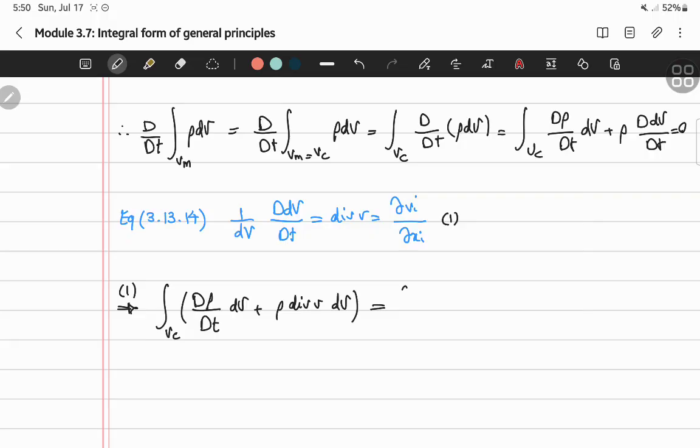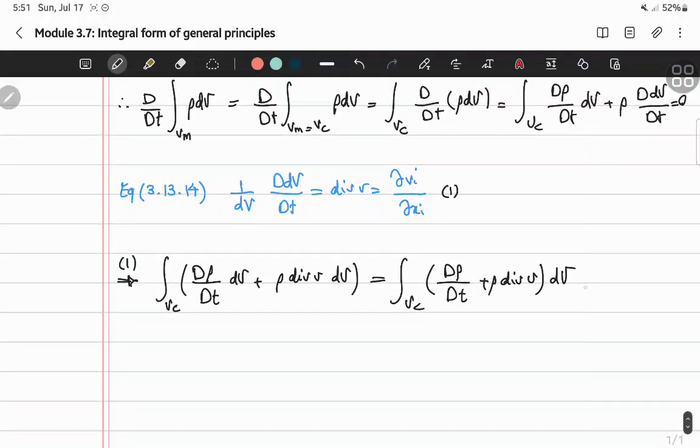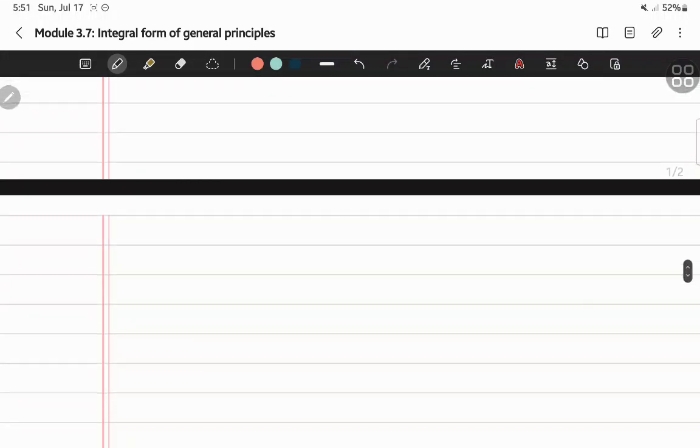This is equal to, if I factor out dV, the integral of (d rho/dt plus rho divergence of v) dV, where capital V is the volume in here, and this is equal to 0.